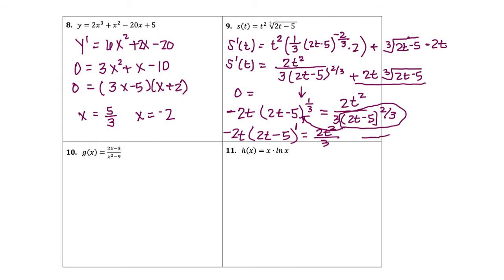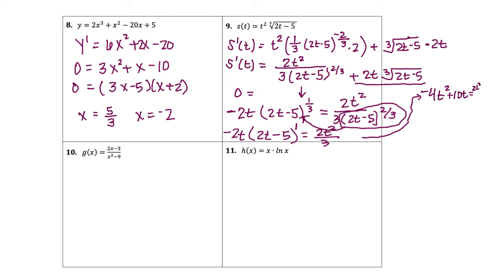Now I'm going to pull this out and come up over here. So now we're going to distribute, and we're going to get -4t squared plus 10t equals, and I'm out of room over here, 2t squared over 3.